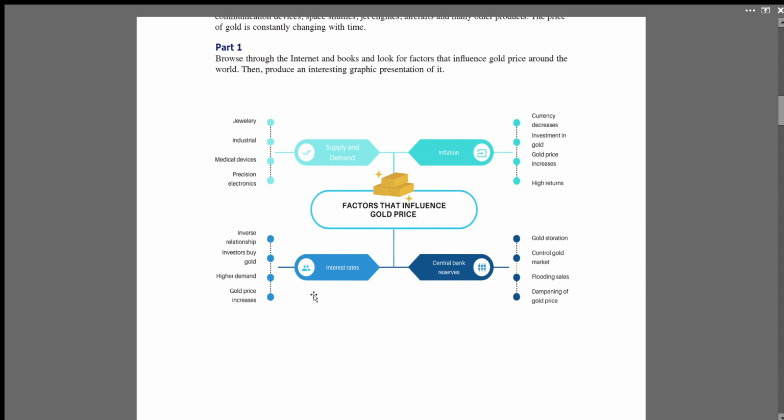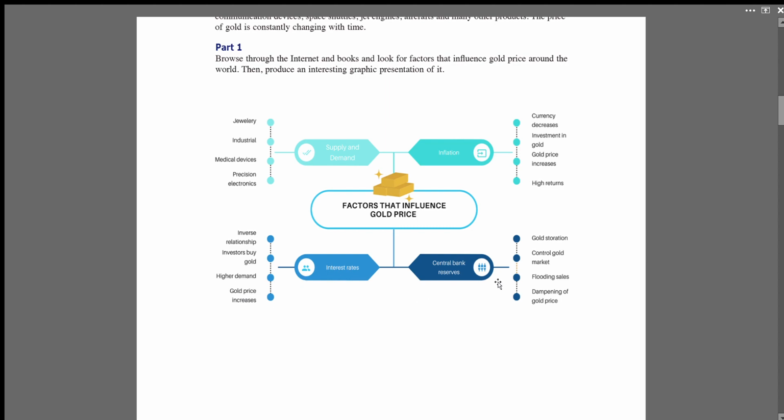Interest rates have an inverse relationship with gold price. If interest rates increase, the gold price decreases. In contrast, if interest rates decrease, the gold price increases because more investors buy gold, so gold has a higher demand.